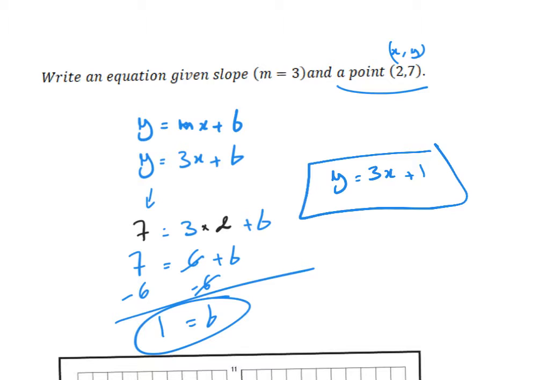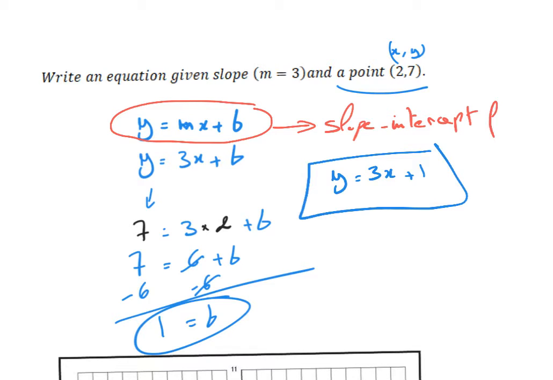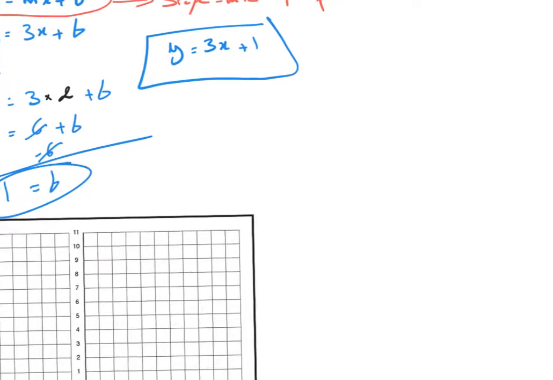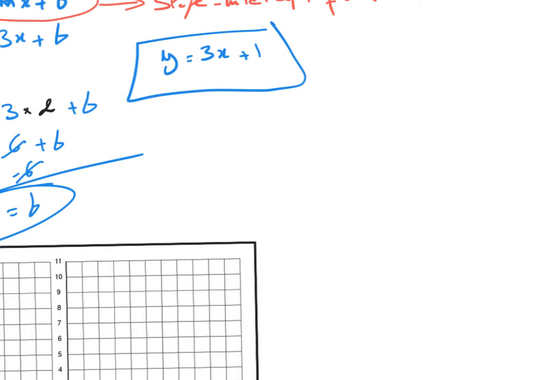So there is another way. Now, we just used slope-intercept form in order to find the equation of a line. That's called slope-intercept form. And we can use point-slope form when we have one point and a slope.